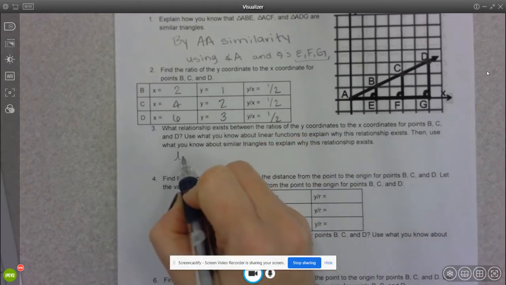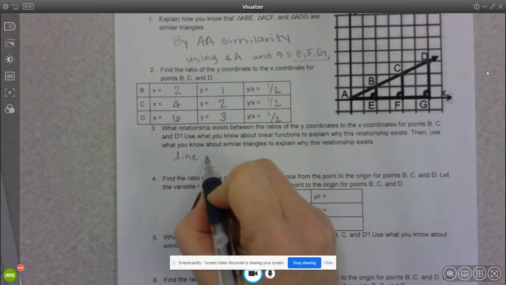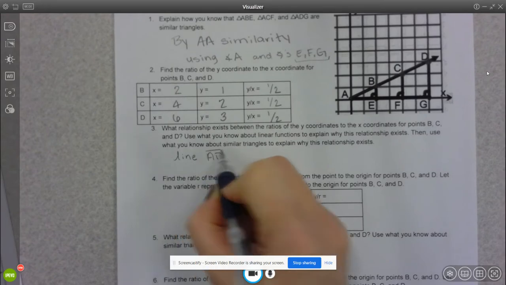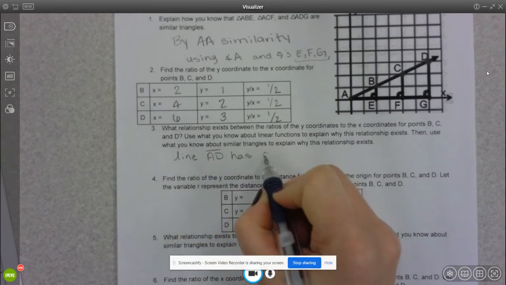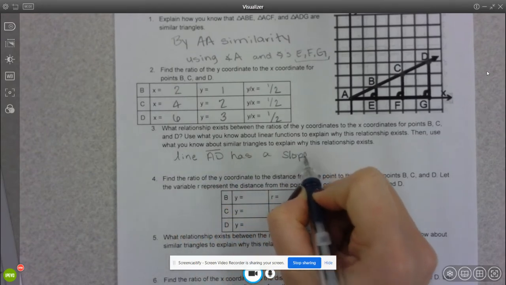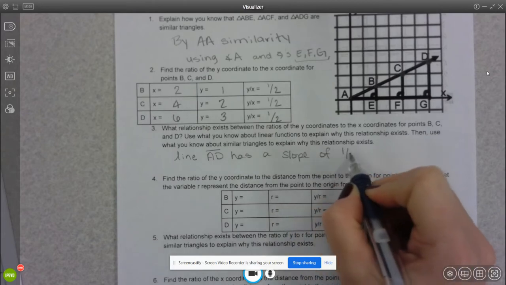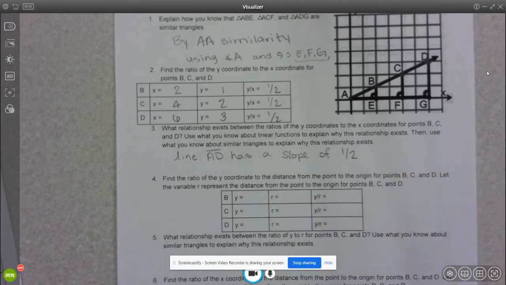So line AD has a slope of 1/2. So to get from one point to the next, I'm going to use the slope using that linear function idea.